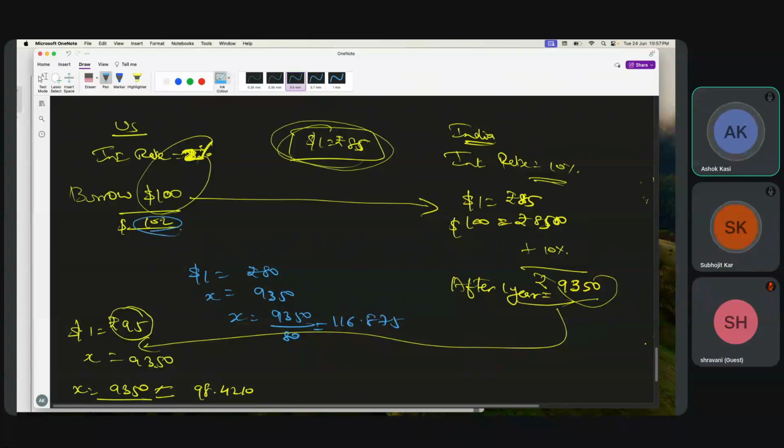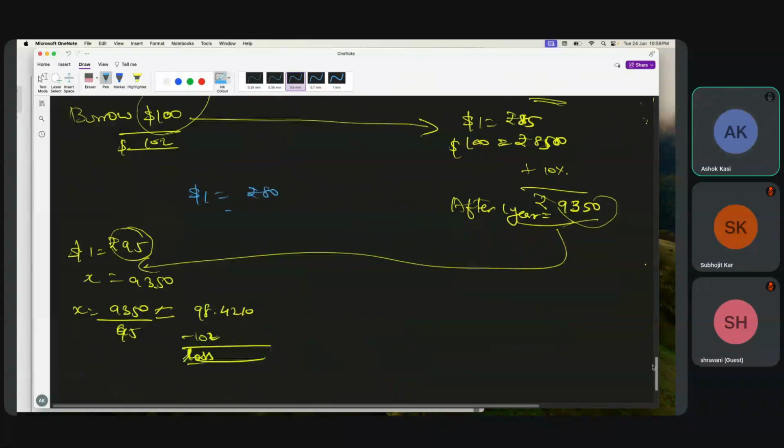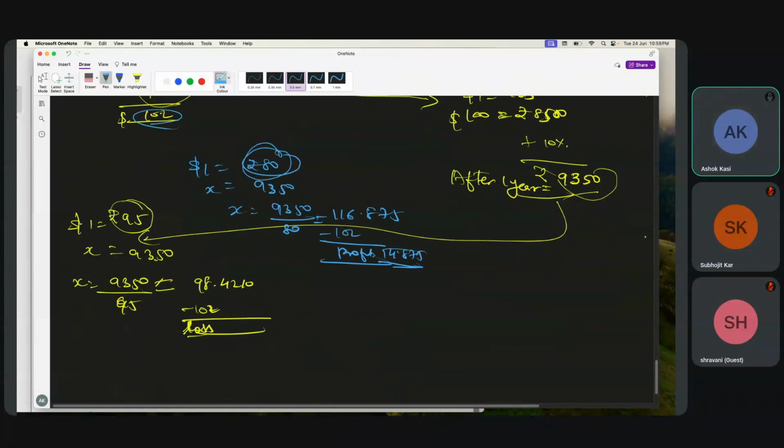You have to pay 102, and the remaining is your profit, 14.875. So if the country where they are investing has a currency that becomes stronger, they are able to make more profits. Otherwise, they are making losses.